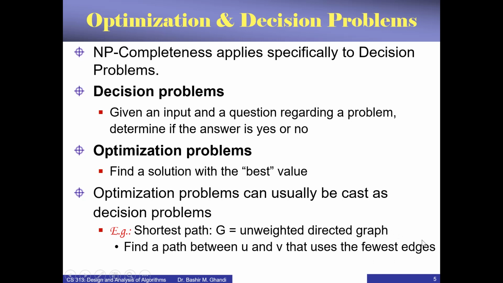Okay, so fewest edges, we are trying to minimize the number of edges, so it's an optimization problem. How can we cast this as a decision problem?